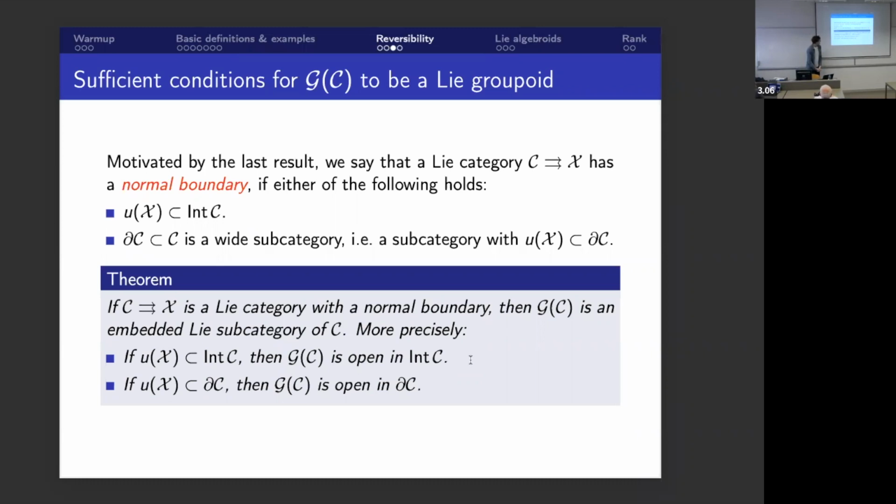So basically, before proving this, let me just give a kind of history about this. This particular theorem for boundaryless categories, so when the space of morphisms has no boundary, was proven by Ehresmann in 1959, I think, or 1958.